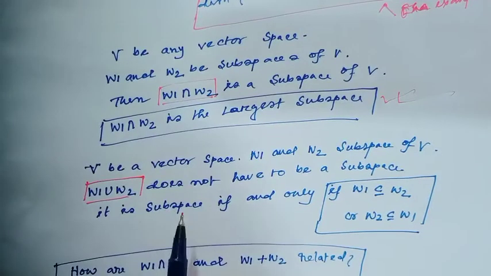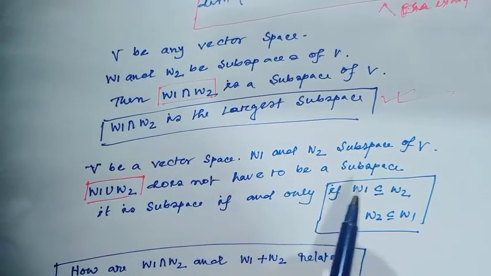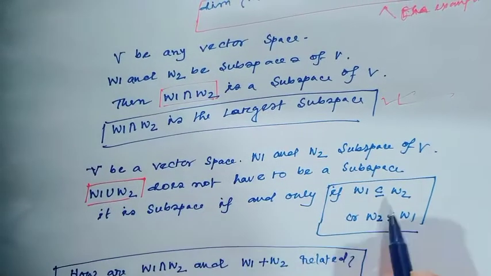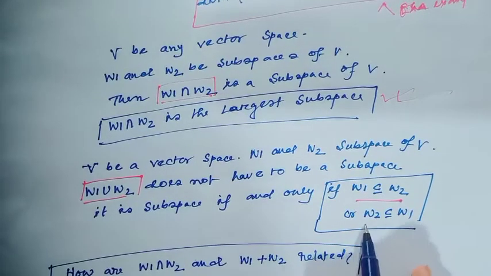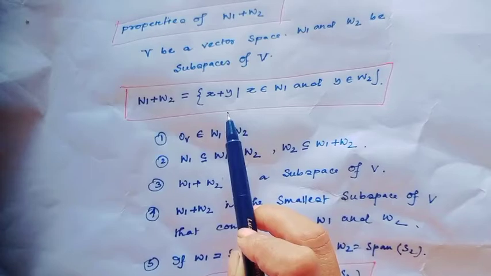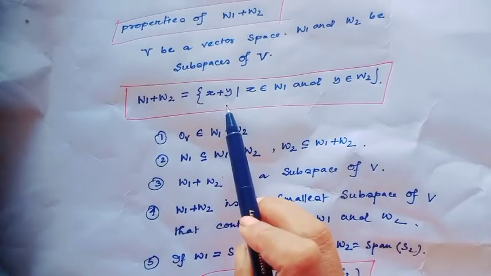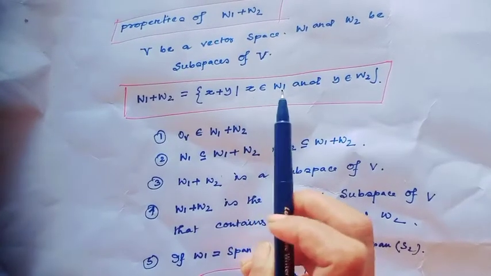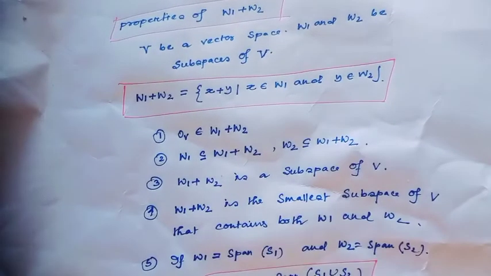We all know W1 union W2 does not have to be a subspace, and it is a subspace if and only if W1 contains W2 or W2 contains W1. Consider the set W1 plus W2, equal to the set containing X plus Y, where X belongs to W1 and Y belongs to W2.